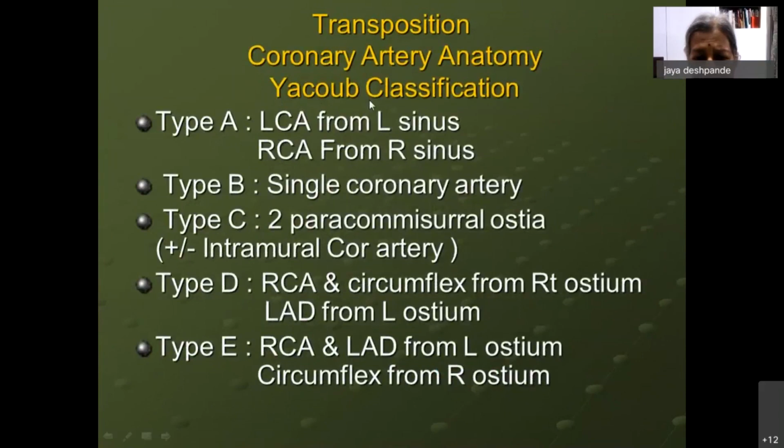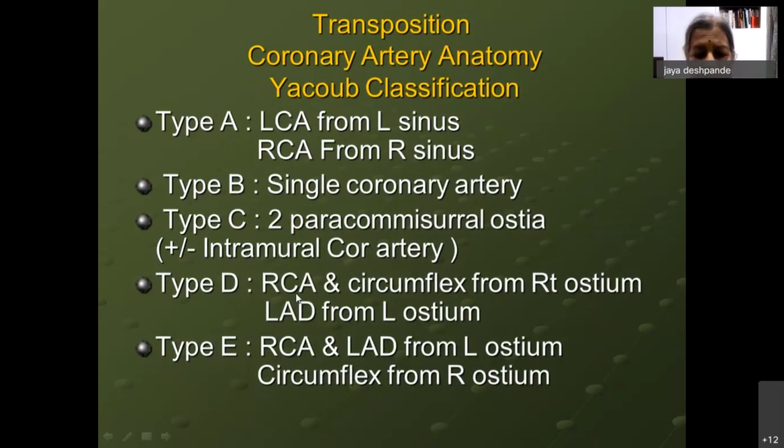Then Yacoub further classified it into type A, type B, type C, type D, type E. Type A: left coronary from the left sinus, right coronary from the right sinus. This is the standard. Type B: you have a single coronary artery. Type C: you have two paracommissural ostia, and you are more likely to get intramural coronary arteries.